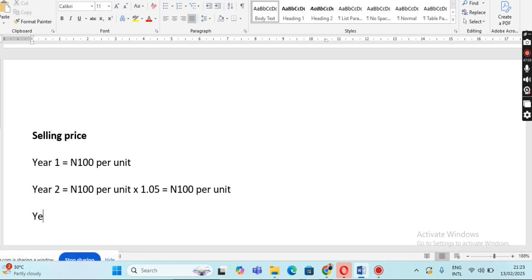Year 3, rather, we have 100 naira per unit times 1.05.